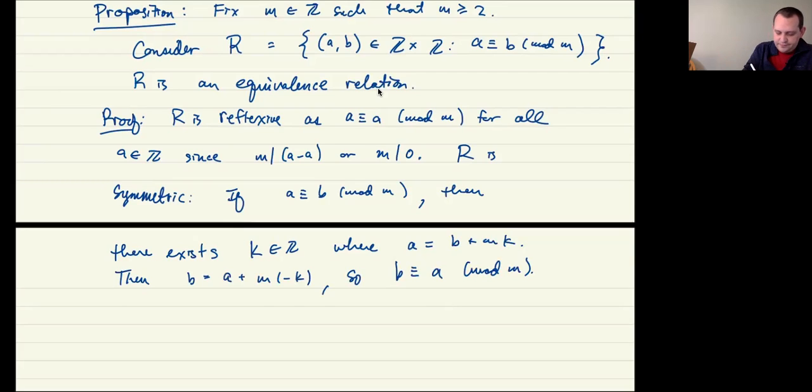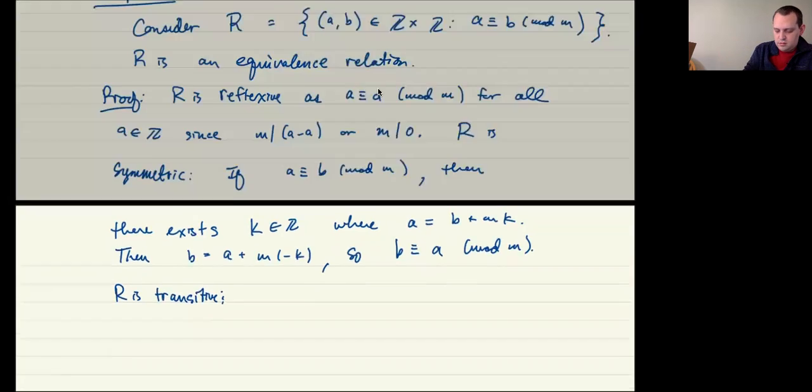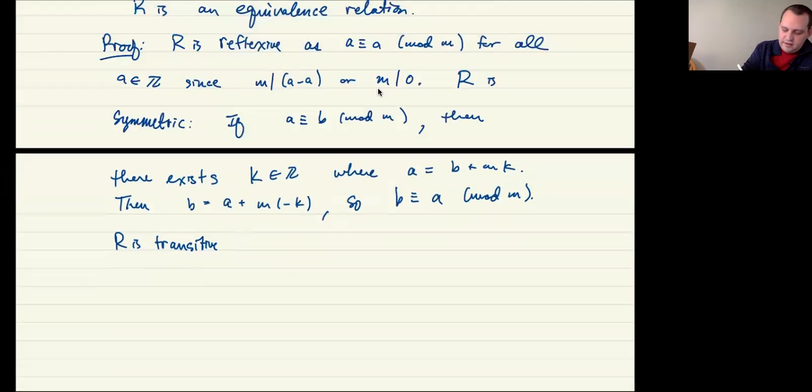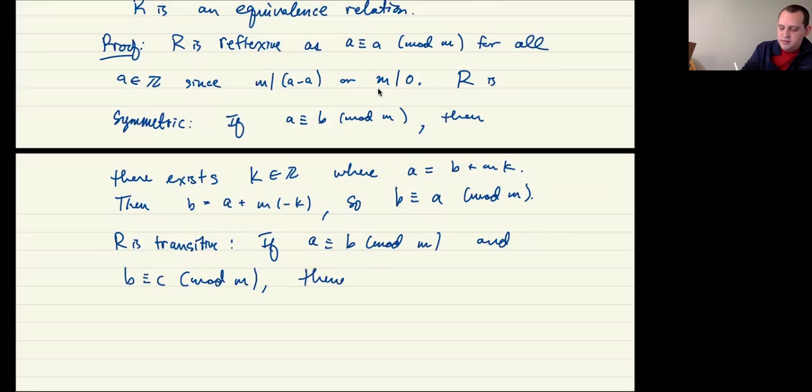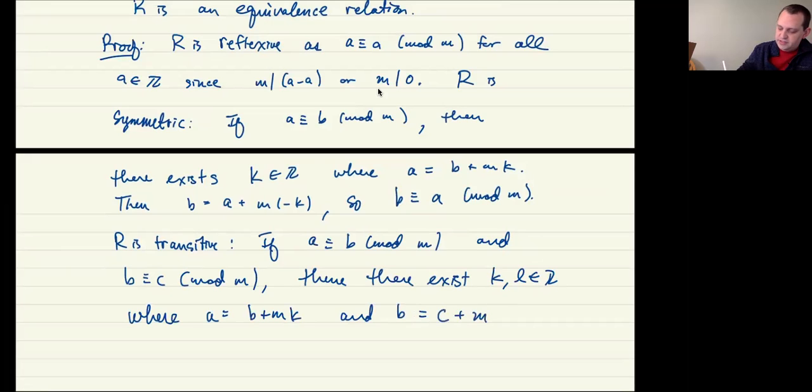And finally is transitivity. R is transitive because if A is congruent to B mod m and B is congruent to C mod m, then there exist integers k and l where A is equal to B plus mk and B is equal to C plus ml.